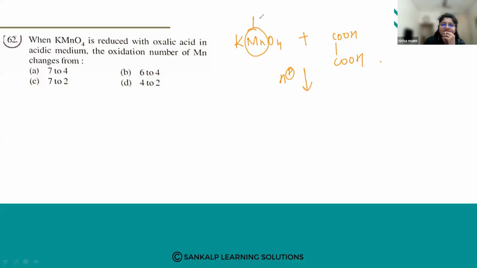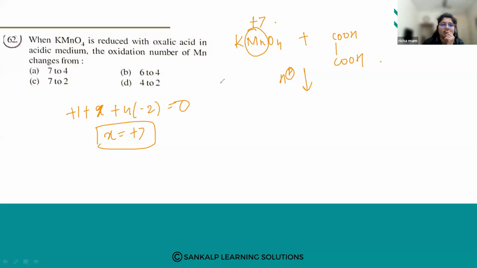In KMnO4, it is +7. How? Potassium is +1 plus Mn is x plus 4 into -2 equals 0. Solve this and you get x equals +7.